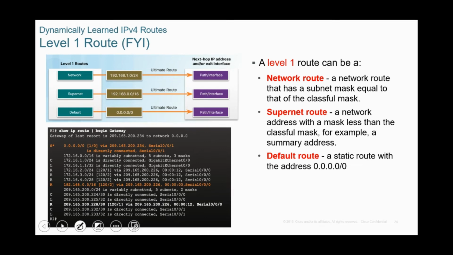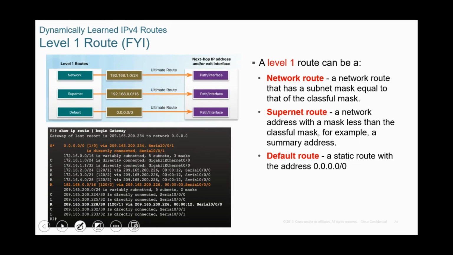For example, if you have 192.168.0.0/24, 192 is actually class C. So with /24, that is your network route because it has the subnet mask that equals the classful address. But a supernet route is a network address with a mask less than the classful mask. Examples are summary addresses.